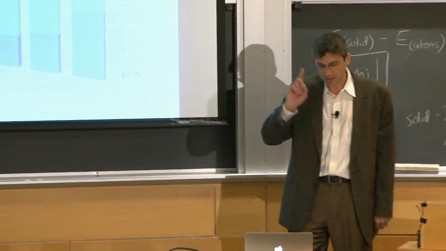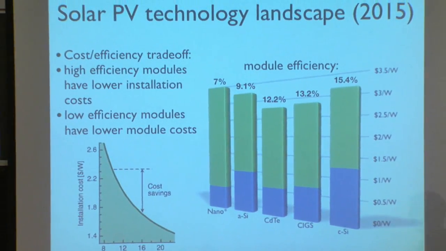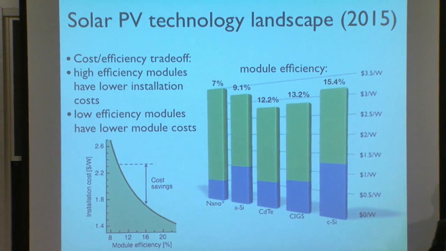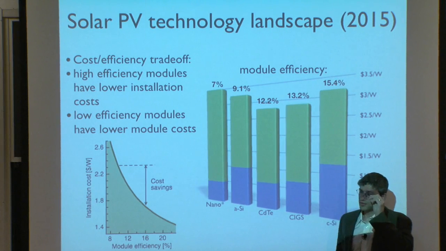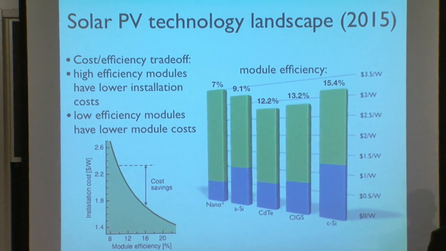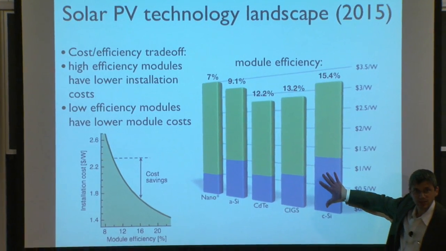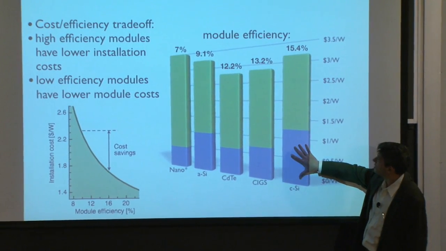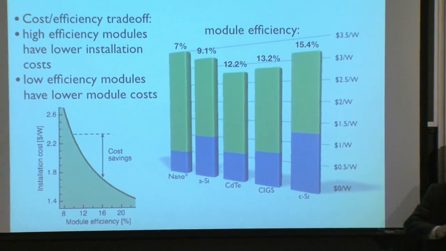Now, the other thing that you need to remember, and I will get to computation in a little bit, but I want to finish this overview of solar PV. The cost of solar cells is not just the material. So here's crystalline silicon. Most of the solar cells today are still made of this. Notice the blue here is the cost of the module, that's the material and the glass.